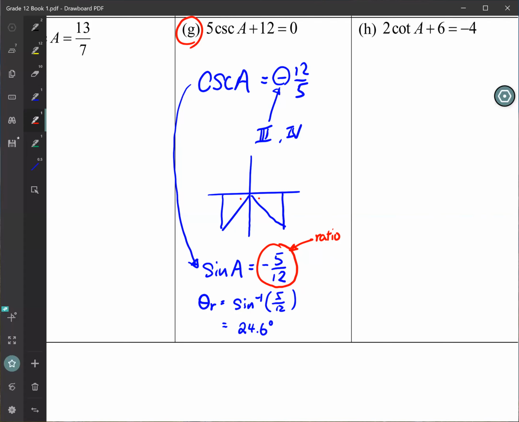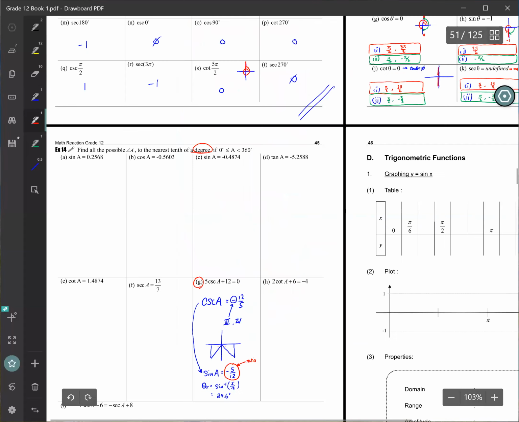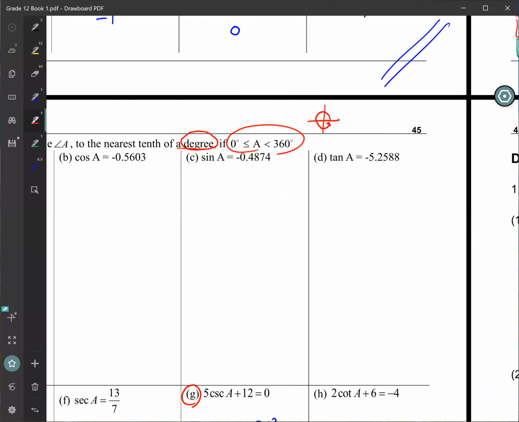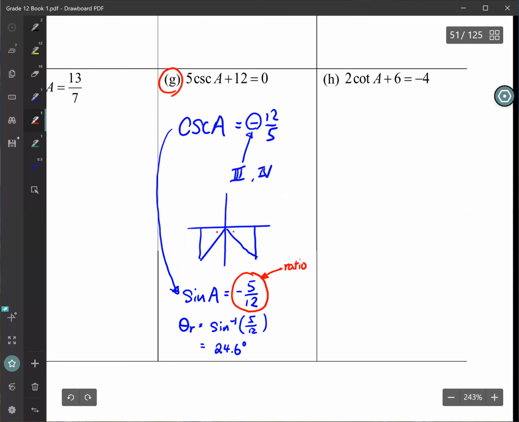And then because of the domain, we are always given the domain. Domain of 0 to 360 means you are looking for the regular full circle, positive. So the first one will be here. So our angle A, how do we find the first angle A?